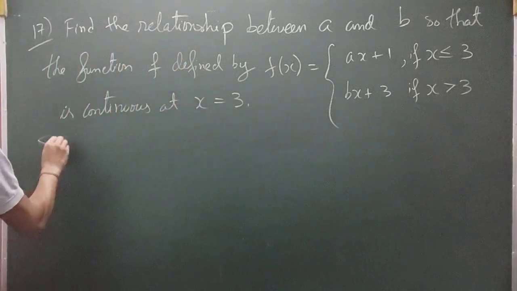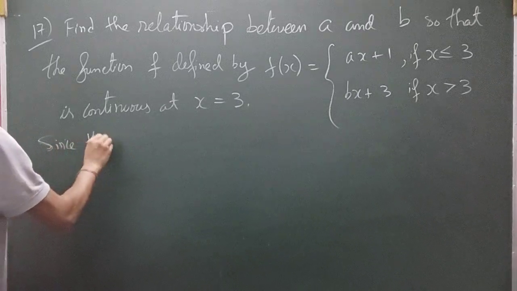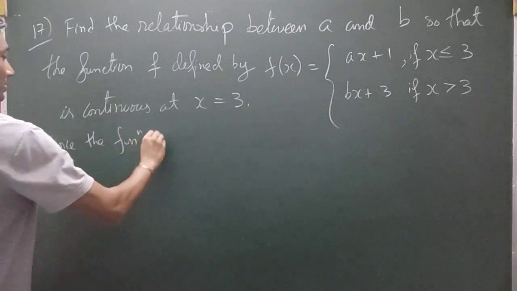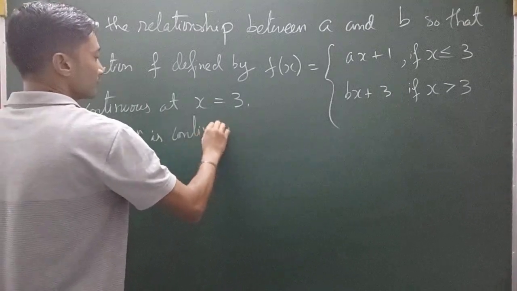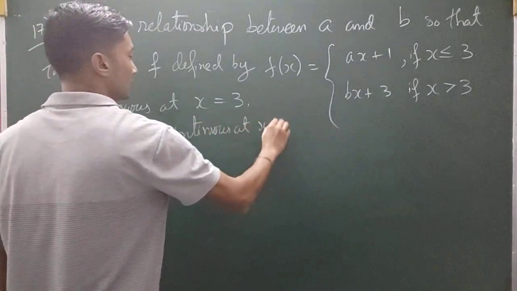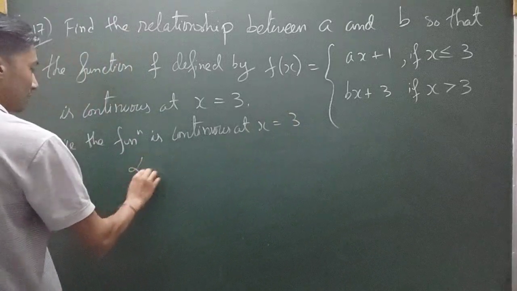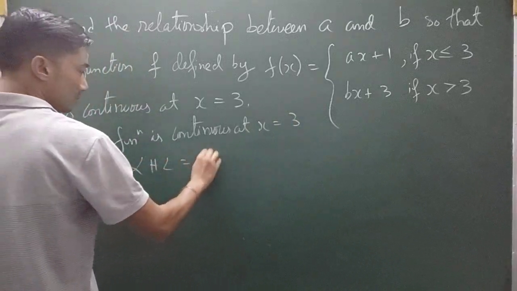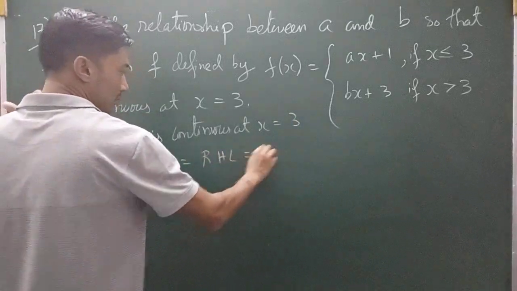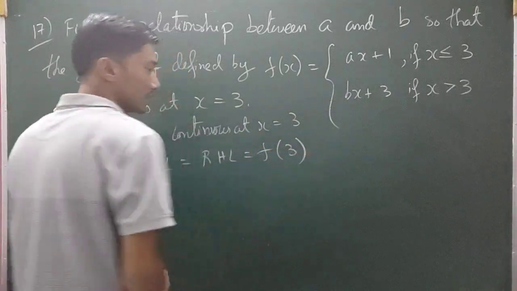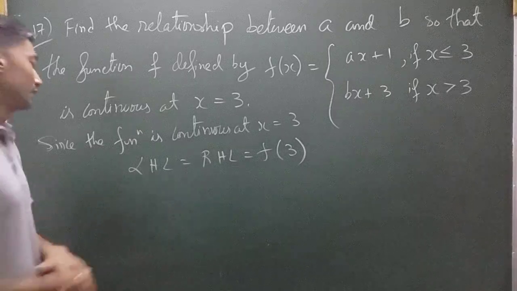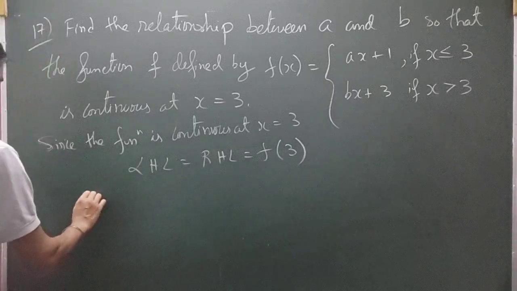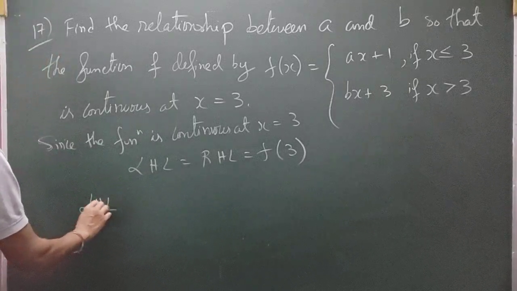Well, since the function is continuous at x equal to 3, what will happen? Left hand limit will be equal to right hand limit will be equal to the value of the function at x equal to 3. Alright, let's start with the left hand limit.